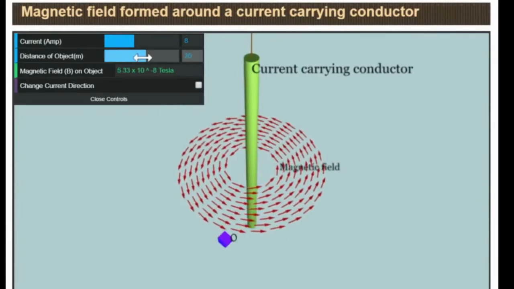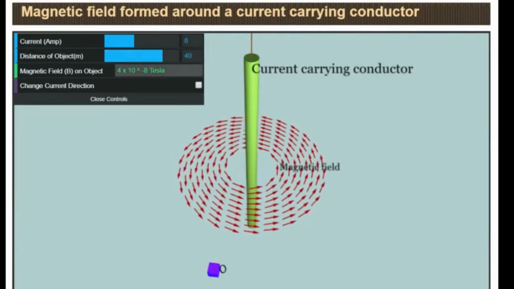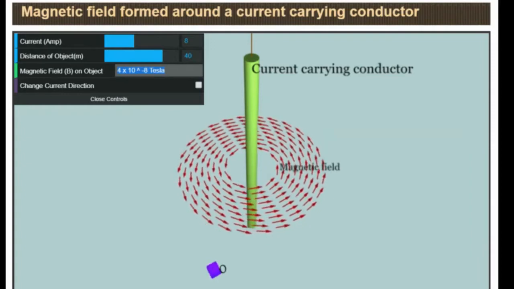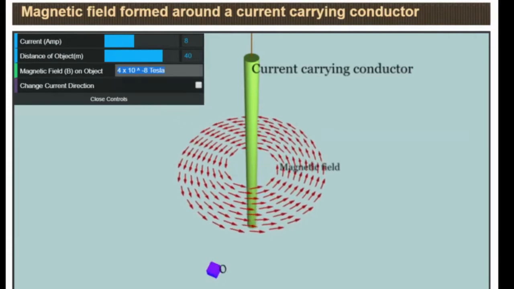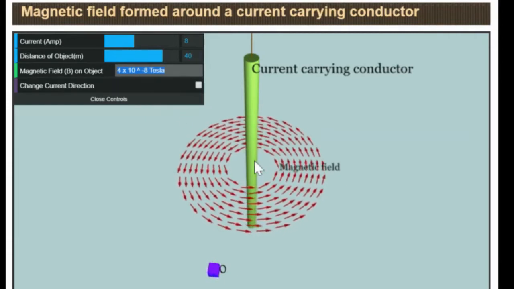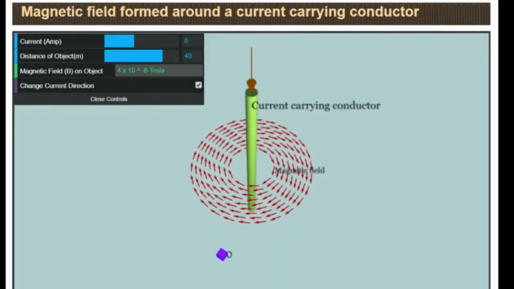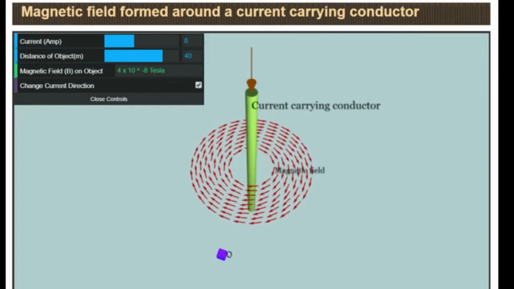If I move that box further away, you can see that this value here is showing me the Teslas, the magnetic field strength at that particular point. It's a really cool simulation, but it's got really janky symbols here. I don't know why they can't just use a superscript or an E. But at this point right here, it's 4 times 10 to the negative 8 Tesla.